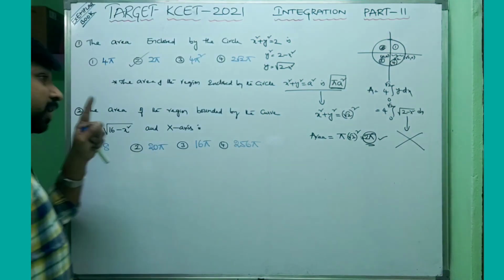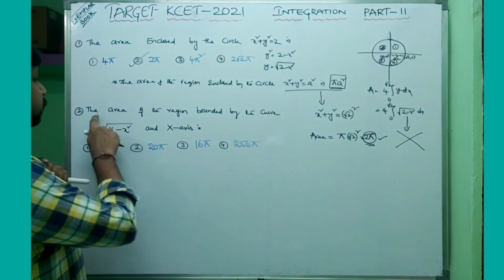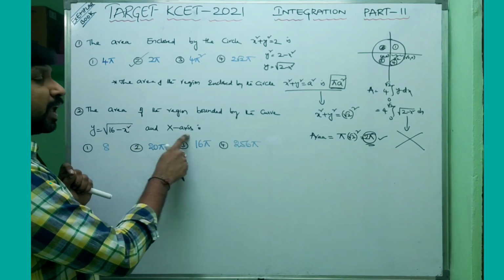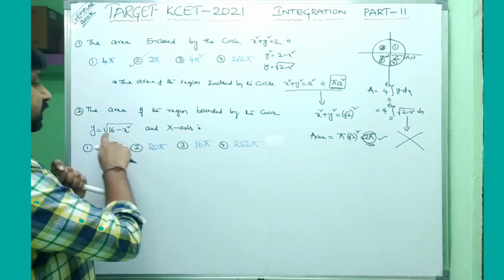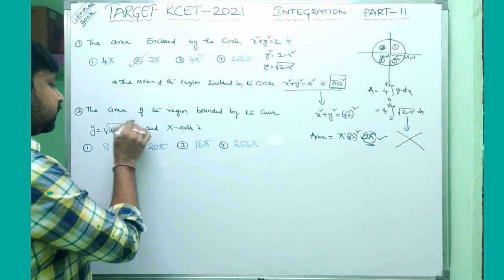Of course, this is also a similar kind of question, only the way of asking is different, but the model is similar. The area of the region bounded by the curve y equal to root over 16 minus x square and the x axis. You people will do it this way only. Y is equal to root over 16 minus x square, we are going to simplify, but it is not necessary by the method.